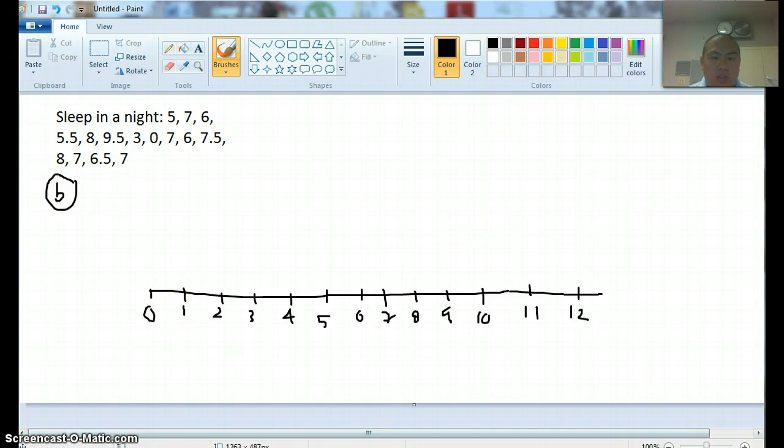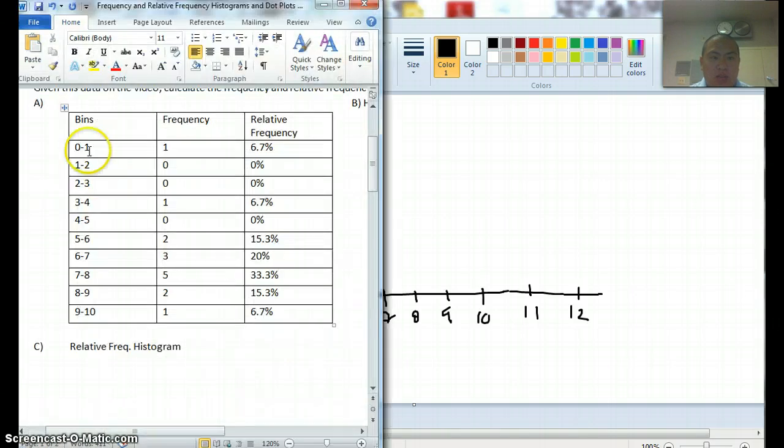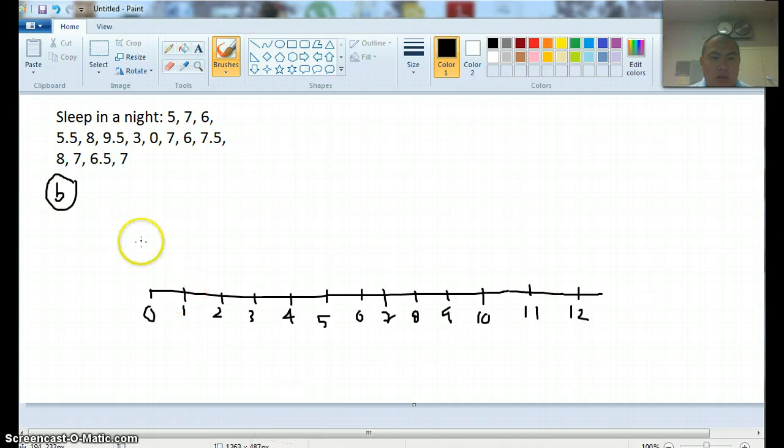Okay, so let's look back at this thing. 0 to 1, we have one person, so let's make a frequency, FREQ for frequency, this shorthand. Right here is hours of sleep.